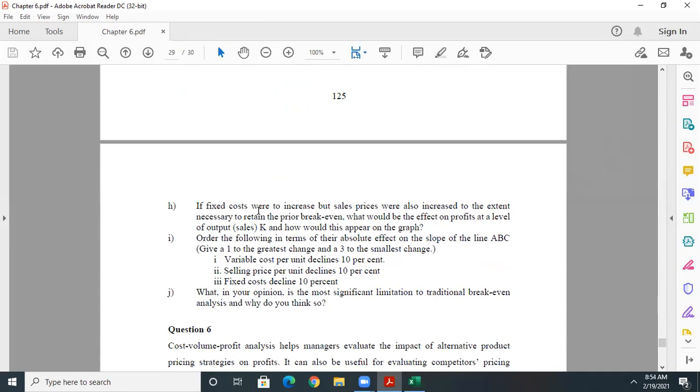It asks, assume that your fixed cost increases, but in order to retain the existing break-even, your sales price would also increase. Then it asks, what would be the effect on the profit at a level of output K? And how would this appear on the graph?